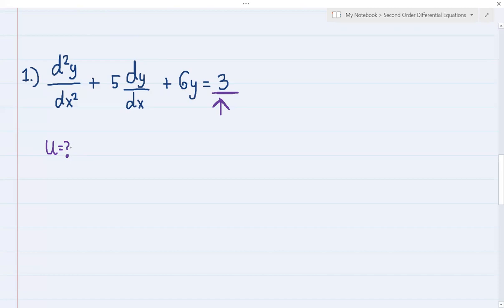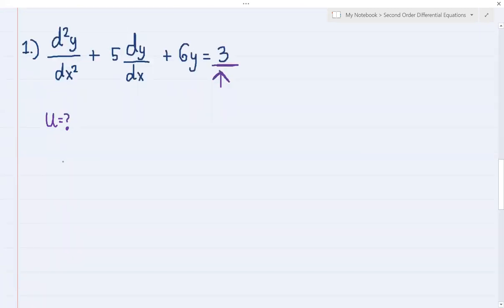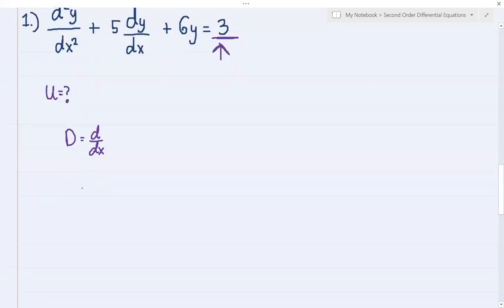So first, if you recall the previous video about second order homogeneous differential equations, you're going to substitute your D for d over dx.